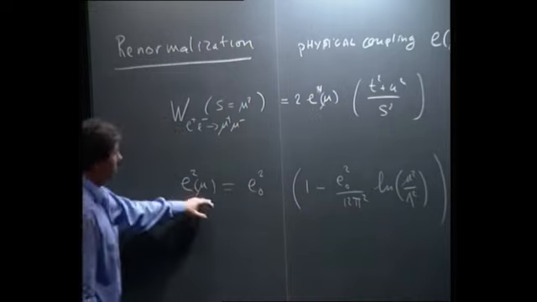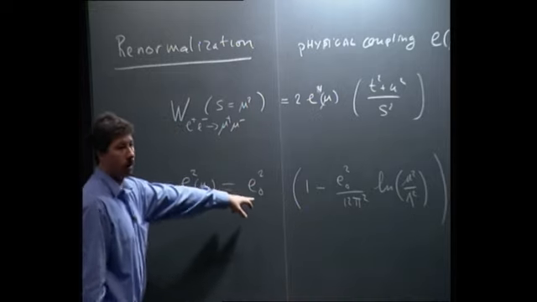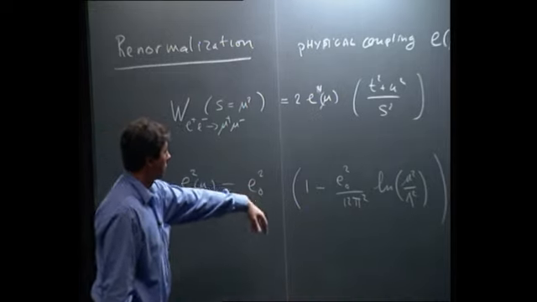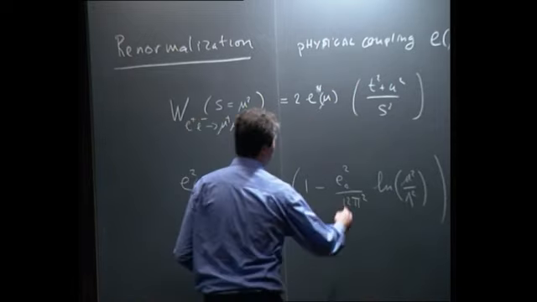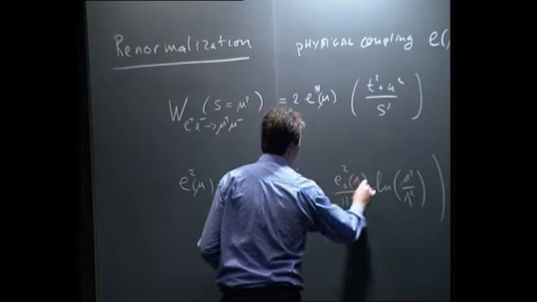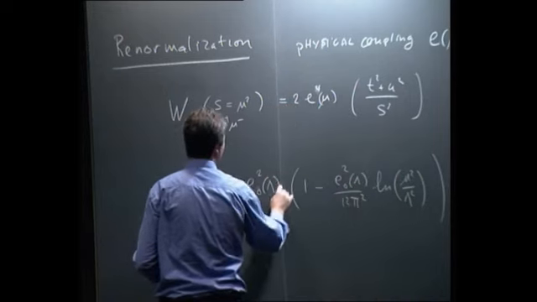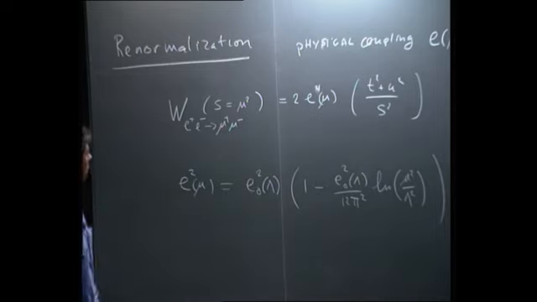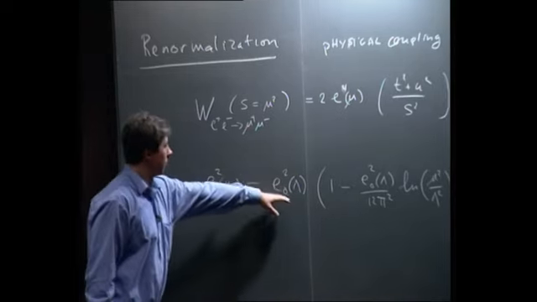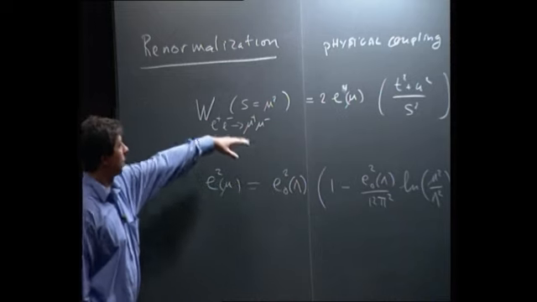So the left-hand side is independent of lambda. It's the right-hand side that depends on lambda in two ways. First of all, lambda appears here explicitly, but I'm going to choose E0 as a function of lambda in such a way that this identity is satisfied. So this is the measurement I did at a certain energy scale.